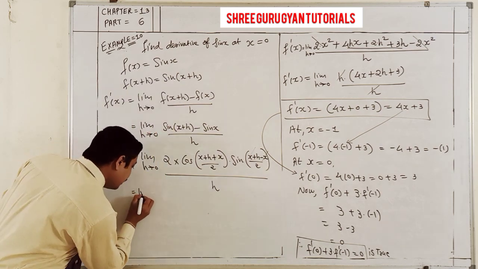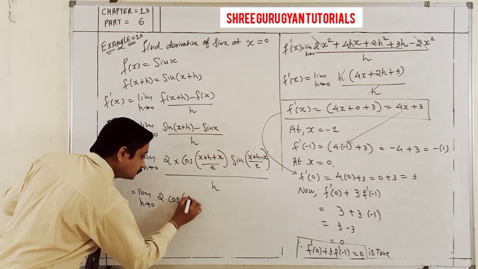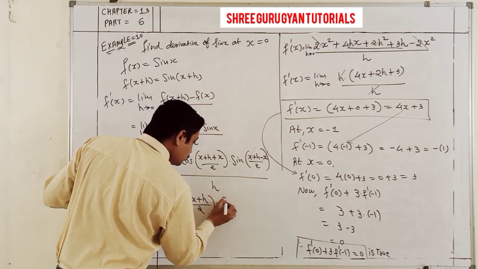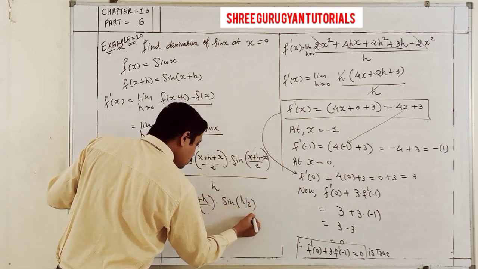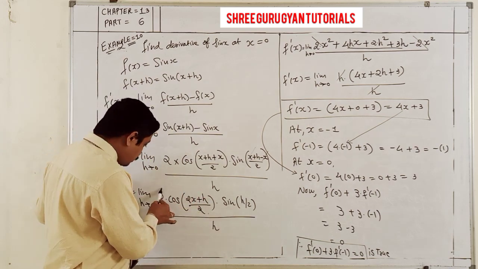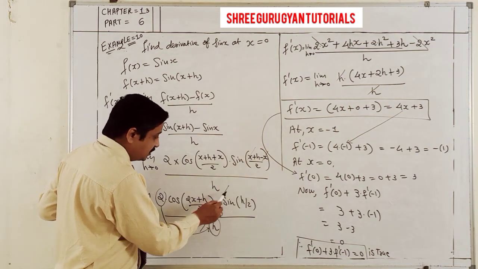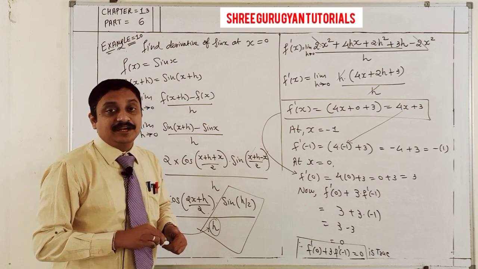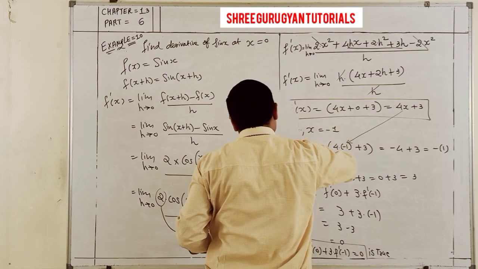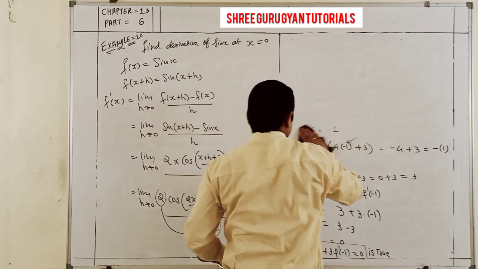So I have the limit as h tends to 0 of 2 cos((2x + h)/2) sin(h/2) upon h. This 2, if I divide it with h and collect it, surely it is again 1 by our working rule. So I easily derive my answer for the derivative of the sin x function.